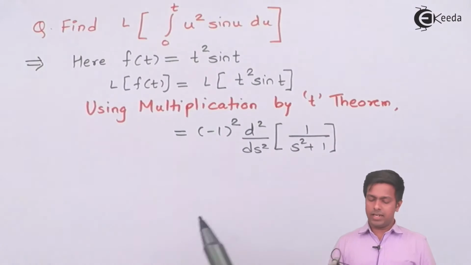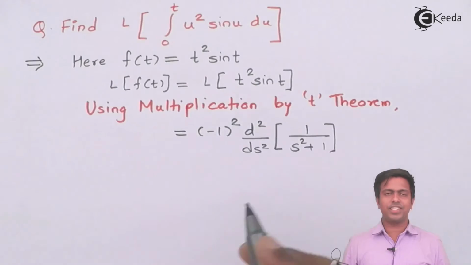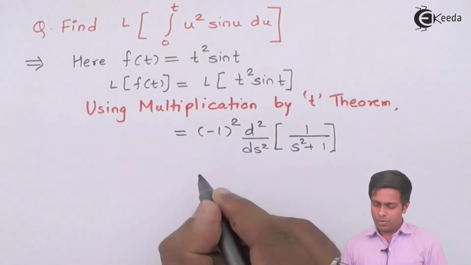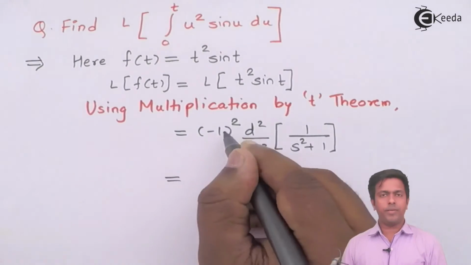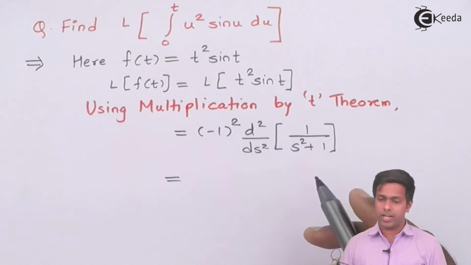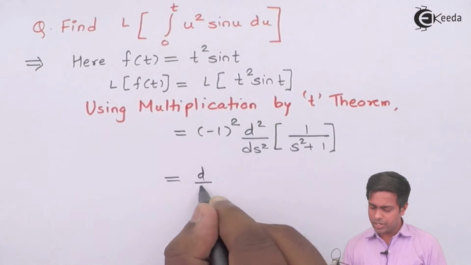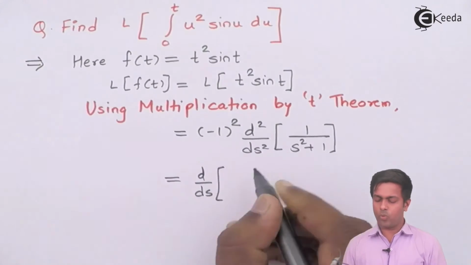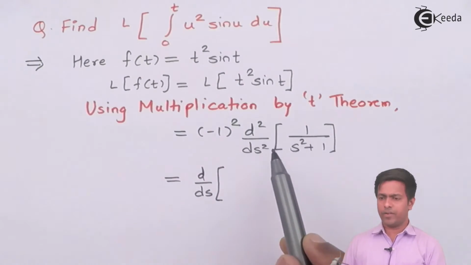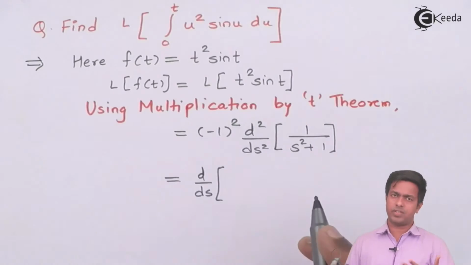Now guys, let's find out the derivative of this function and get the value. So now (-1)^2 is 1, and since here I have to find out the second order derivative, let's find out the first derivative. So I'm keeping 1 d by ds outside, and I'll find out the derivative of this function for the first time.